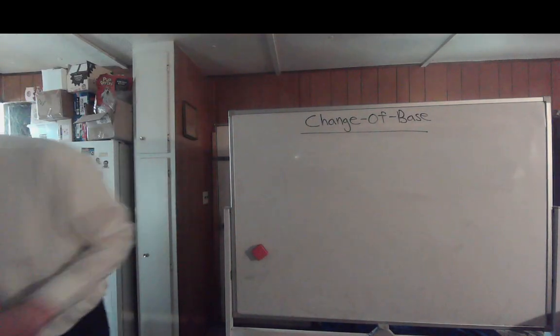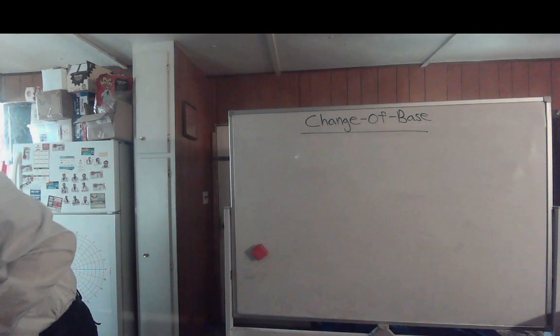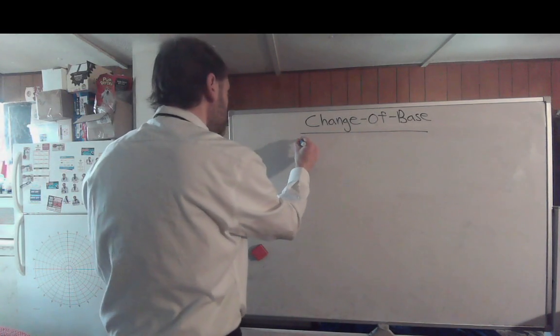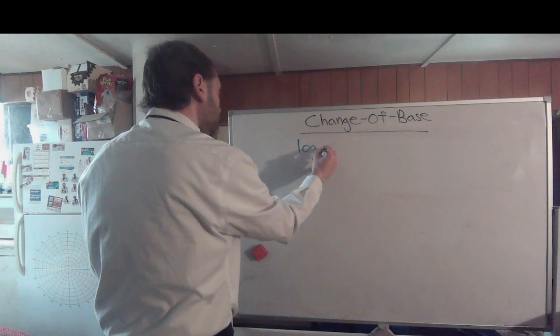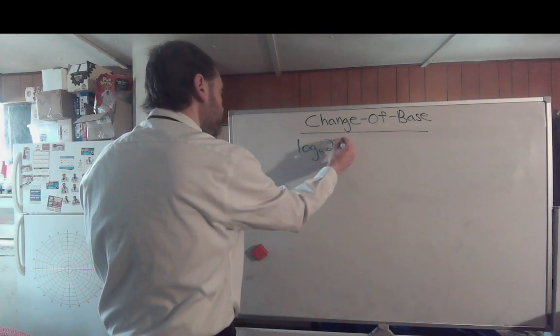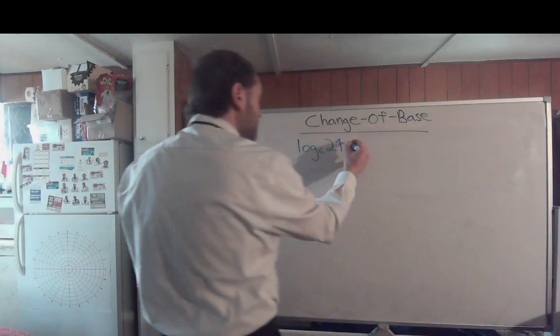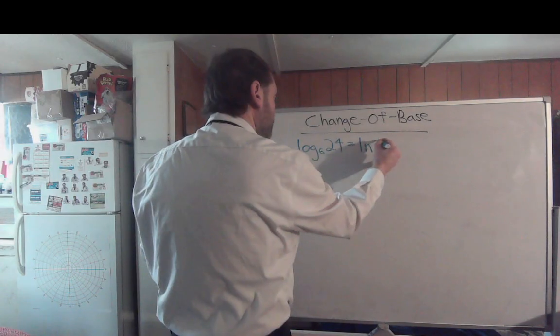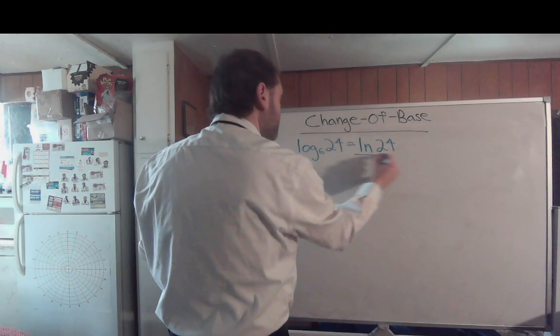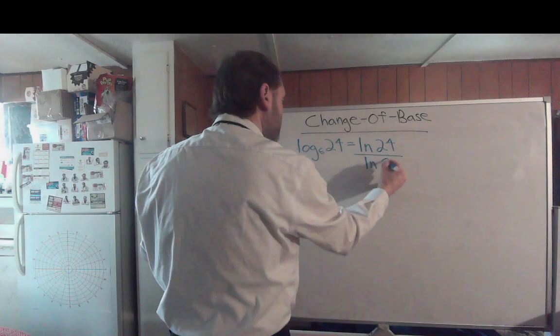All right, 7 more. Log base 6 of 24. So we have log base 6 of 24. This could be the same as the natural log of 24 divided by the natural log of 6.